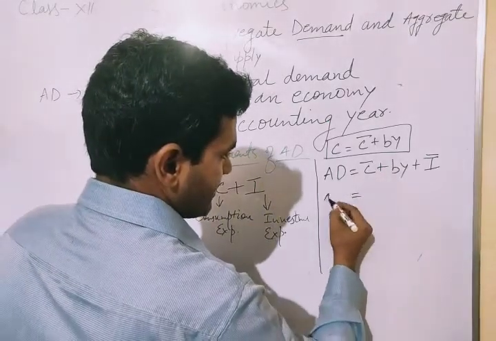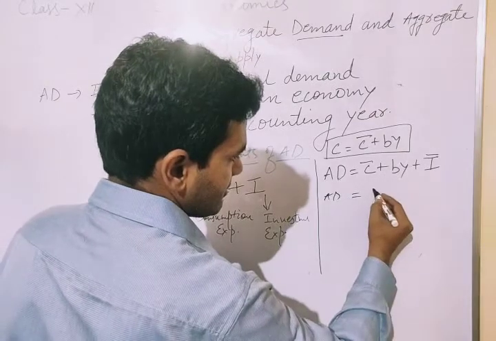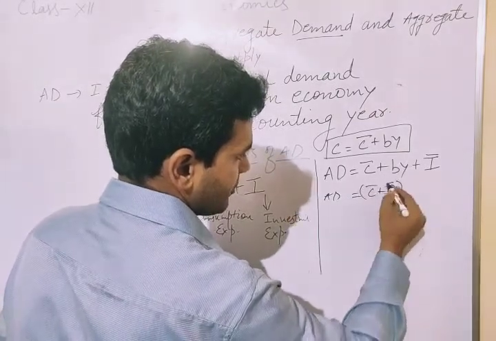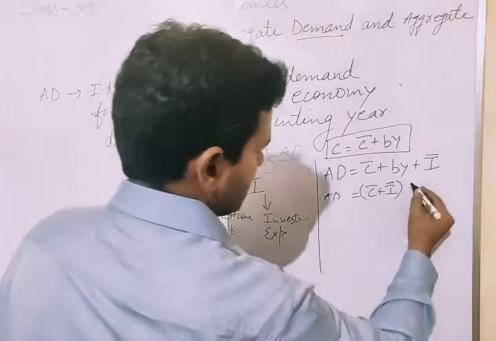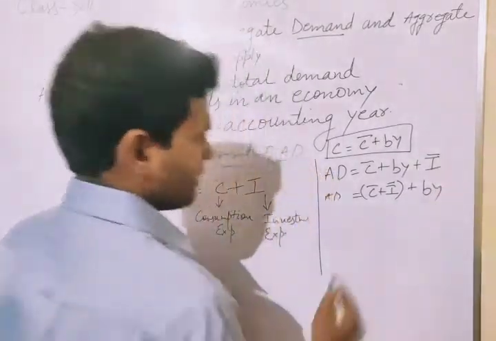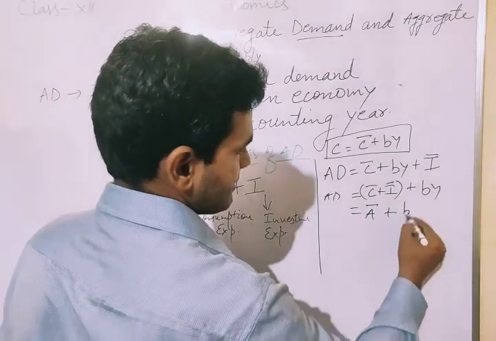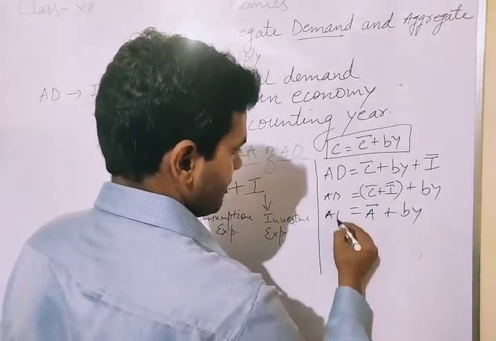We can write this equation like this: C bar plus I bar, we put together in a bracket, and then plus bY. We can also write this as A bar plus bY.